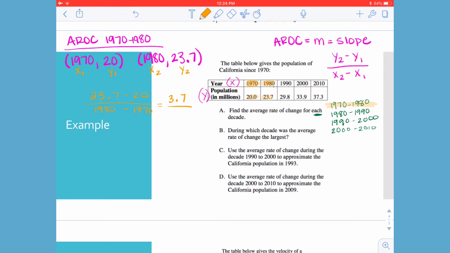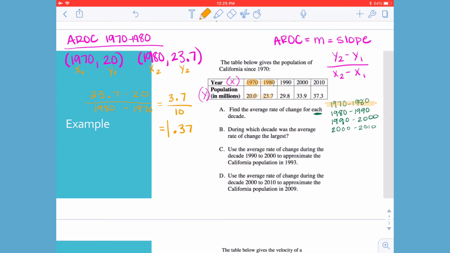And then I'm going to type in 1980 minus 1970, and that gives me a solution of 10. If I do 3.7 divided by 10, that reduces down to a final answer of 0.37. So I have found that my average rate of change, or my slope, whichever word you'd like to utilize, is 0.37.